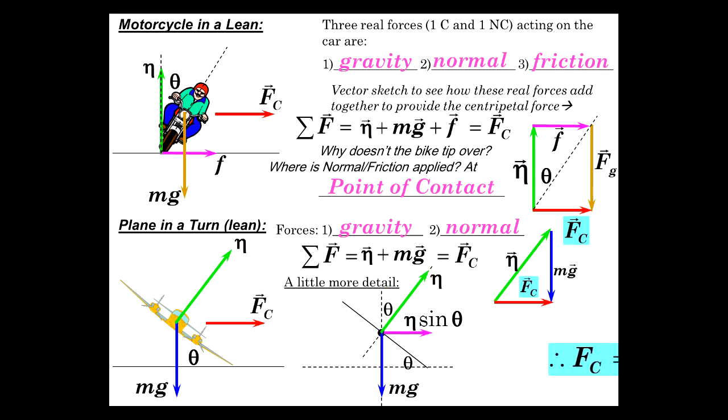Normal sine of theta. So FC is n sine of theta. That will be useful. We're going to progress through this further a little bit later and provide additional detail as necessary. But this is a good start. That the centripetal force is related to the normal through the sine of the angle. We'll see you next time.